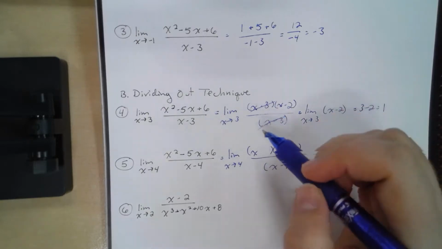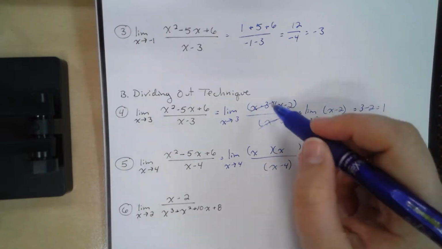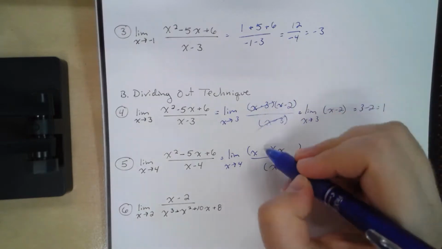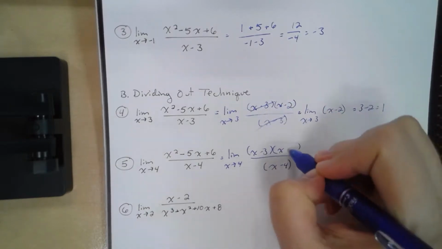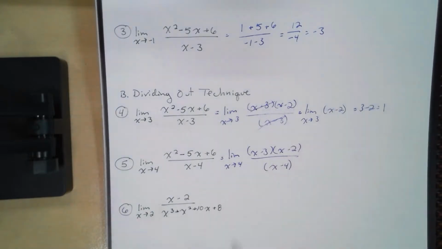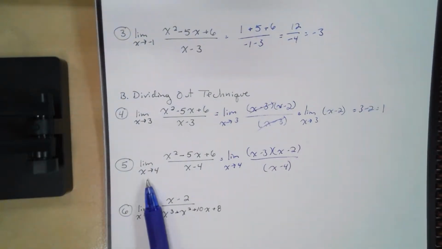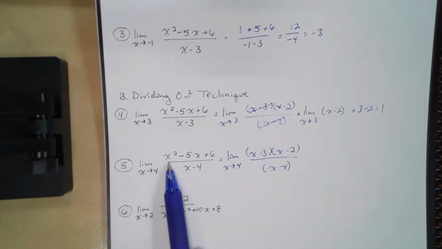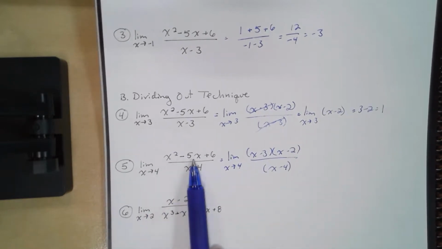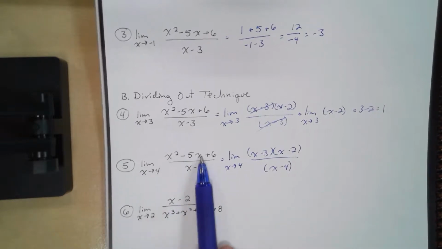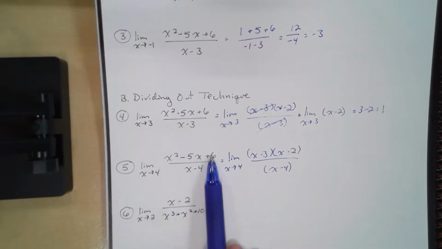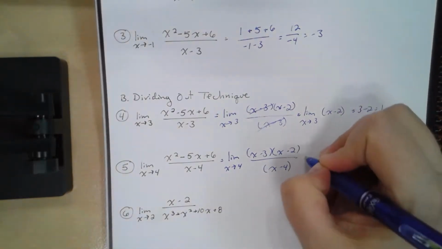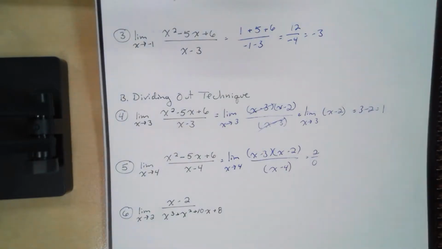It looks to me like we can still only factor this way, x minus 3 and x minus 2. Now, if I substitute in 4 here, before I even go into this, I'm going to get 16 minus 20, which would give me -4, right? 16 minus 20 is -4 plus 6. So I have -4 plus 6, I'm going to have 2 over 0.